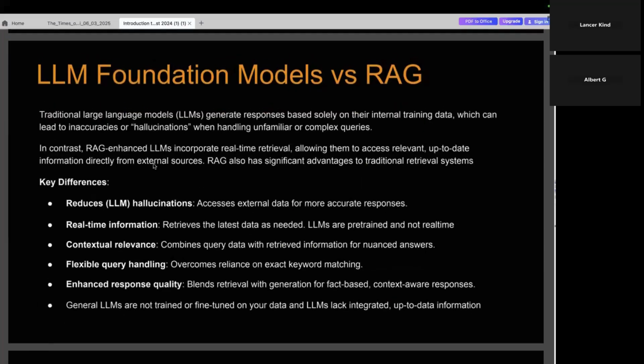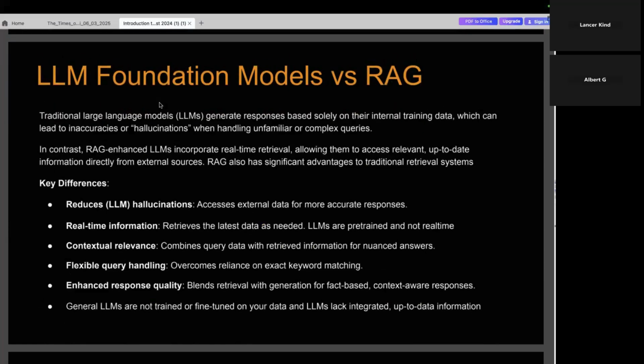Now, if you look at basic models versus RAG, the traditional LLM models could be a GPT model, GPT 3.5, GPT 4, or any model like Llama, Mistral, or Gemini from Google. They have been trained with some training, and that training has a cutoff date.